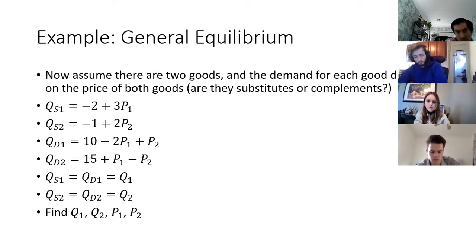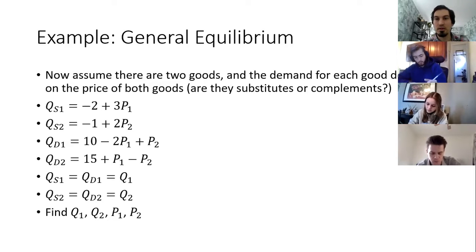Q2 equals -1 plus 2 P2. I'm also writing Q1 equals 10 minus 2 P1 minus P2. I'm also writing Q2 equals 15 plus P1 minus P2.